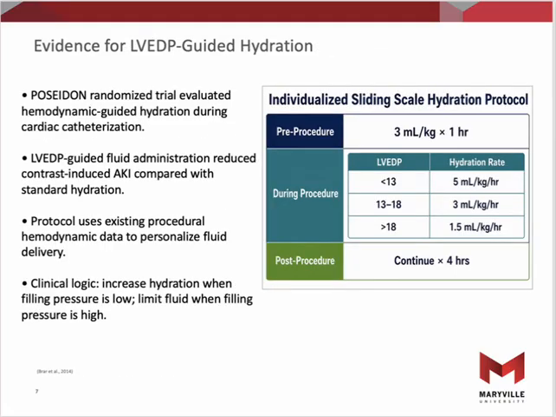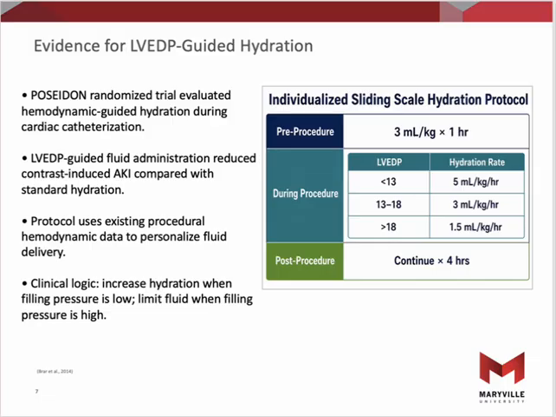So the POSEIDON trial demonstrated that adjusting fluid administration based on a patient's LVEDP during a cardiac catheterization can prevent contrast-induced acute kidney injury. This concept was integrated into the catheterization lab workflow for my project.